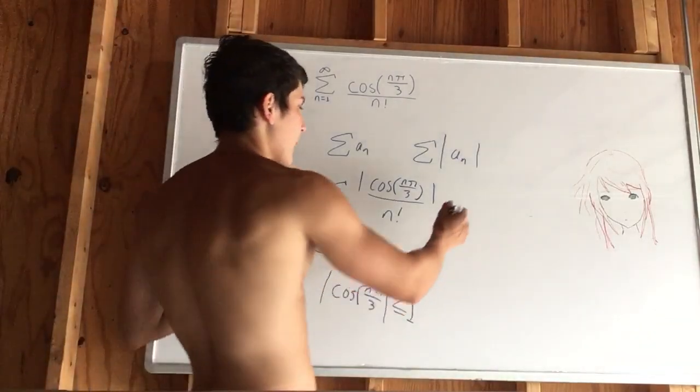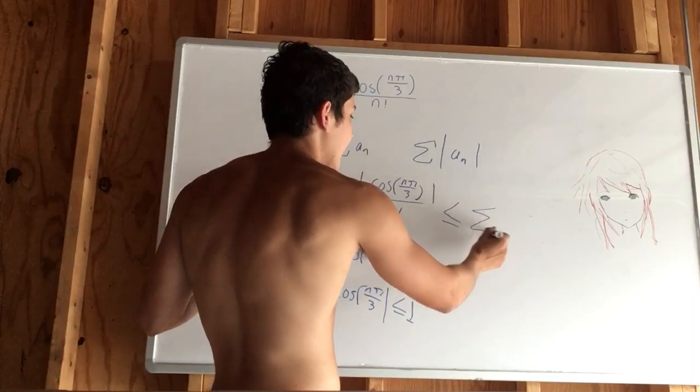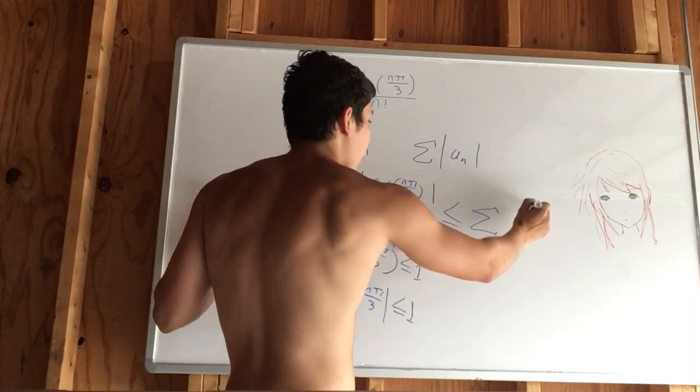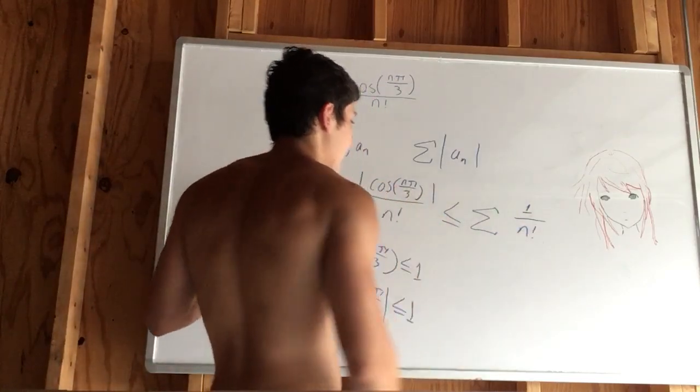Therefore, we can make a comparison. We can make a comparison in which this is less than or equal to the series, which has 1 in the numerator and n factorial in the denominator.